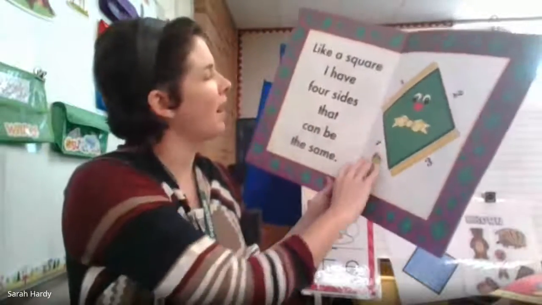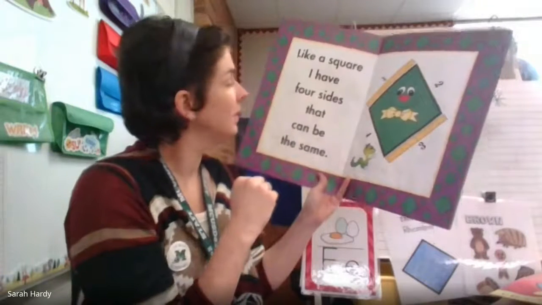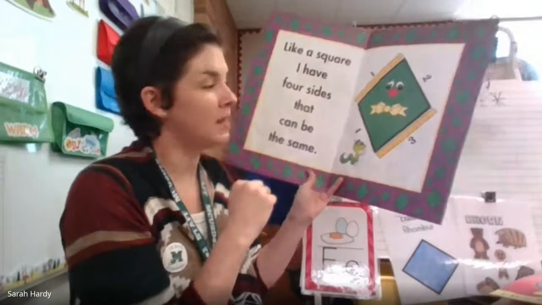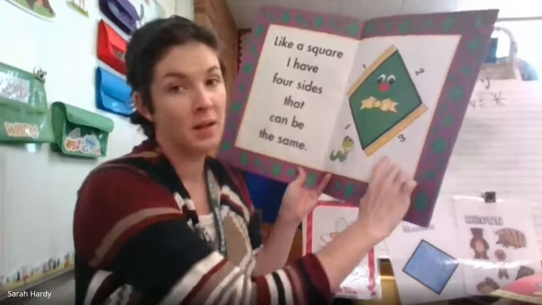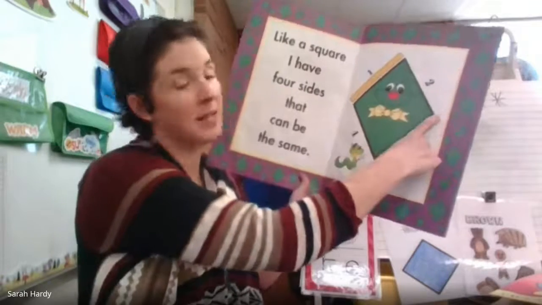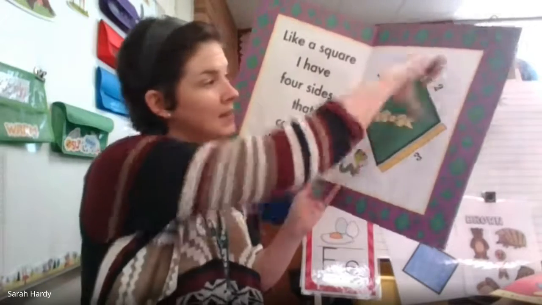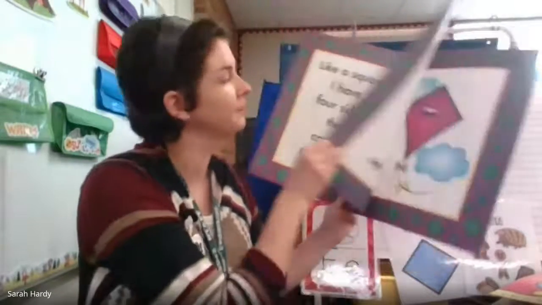Like a square, I have 1, 2, 3, 4 sides that can be the same. When we say same, they have to be the what? The same length. So this side is the same length as this side, and that side, and the fourth side. Okay? They all have to be the same size.